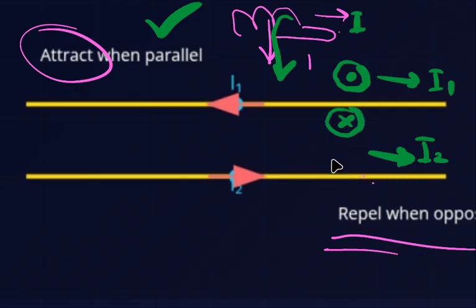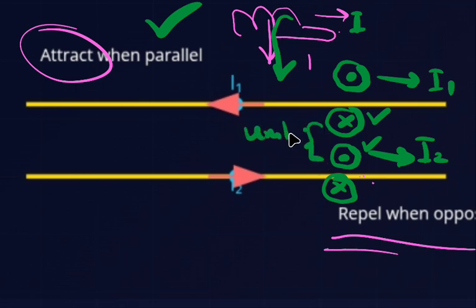For this wire, it will show out of the paper this side, same like this wire, into the paper on the other side. So into the paper, out of the paper, they attract. Unlike poles, they attract.